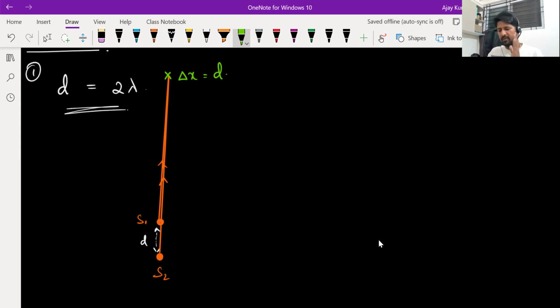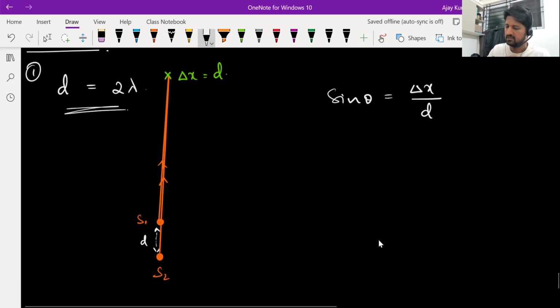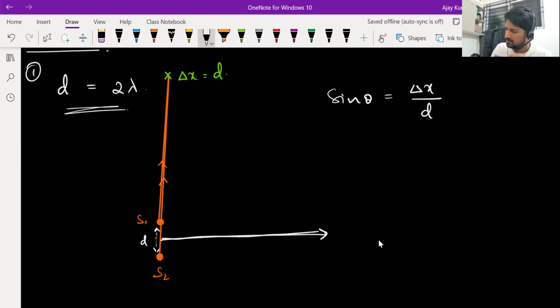So for path difference to actually be equal to the distance between the sources, the angular position will have to become 90 degrees. Because sine theta is delta x divided by d. Let us think of it in the reverse way. For this or anywhere along this direction, the angular position is 0.